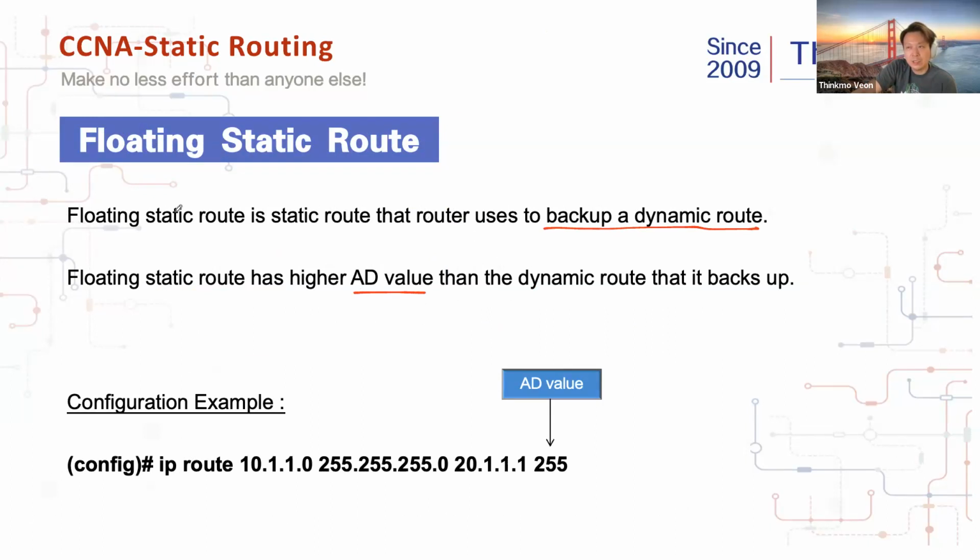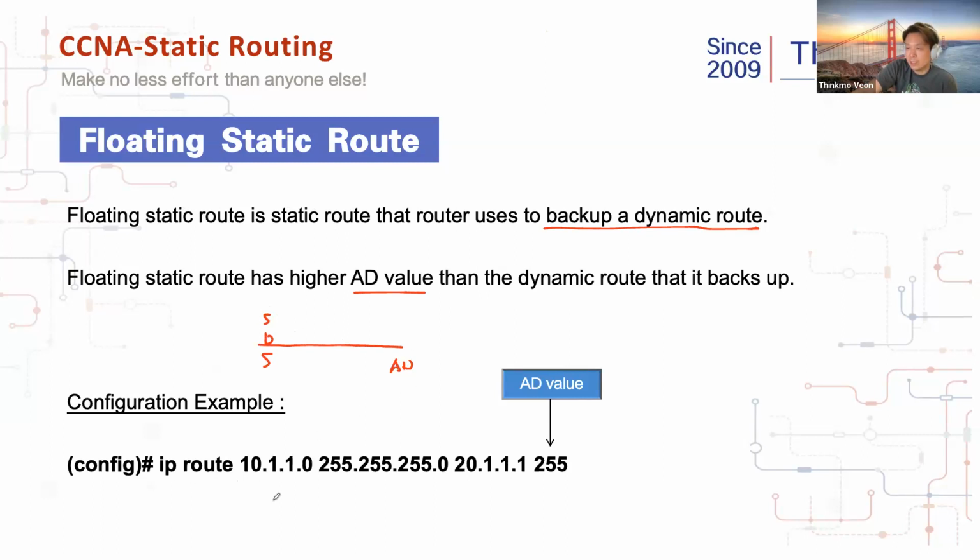As we mentioned just now, if the router has learned the dynamic route in the routing table, and you also configure a static route, then we can configure another static route with a higher AD value to become the backup route for this dynamic routing.